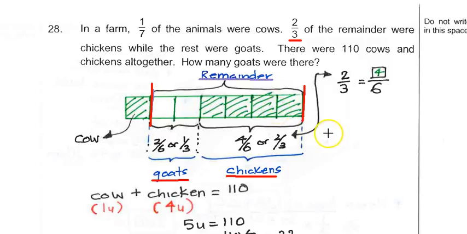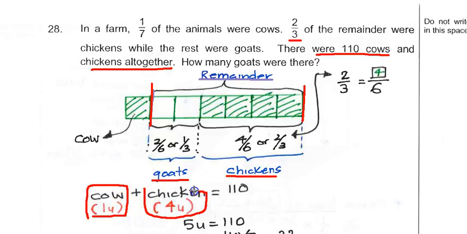All right. Now there were 110 cows and chicken all together. It means this 1 unit here, cow, and chicken, which is 4 units. They are 110, right? We are not talking about cow and goats.